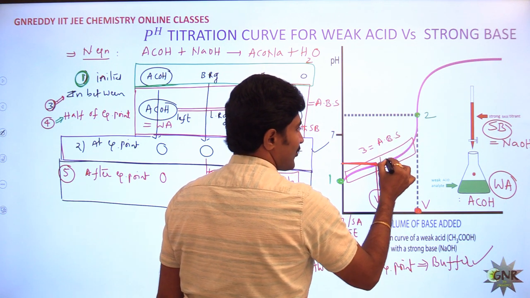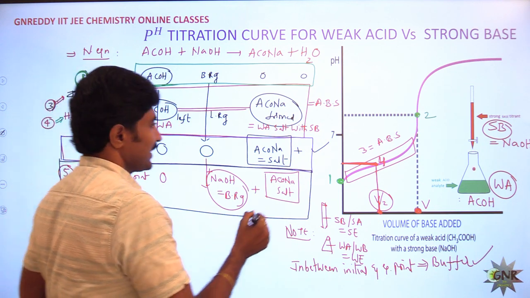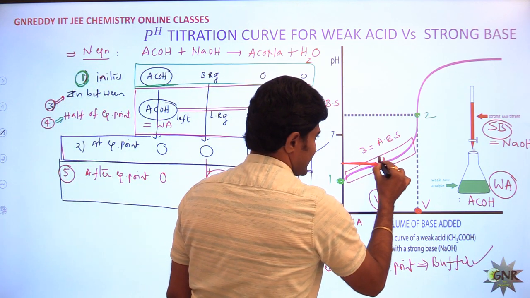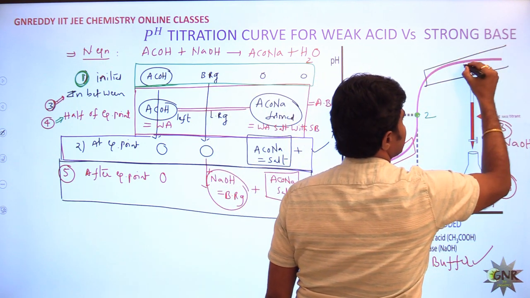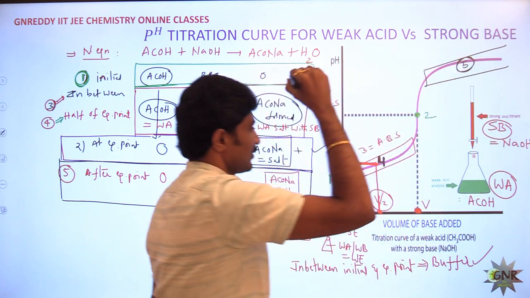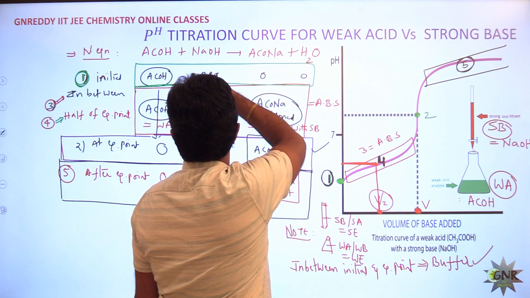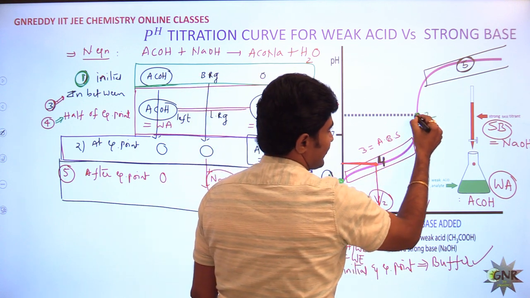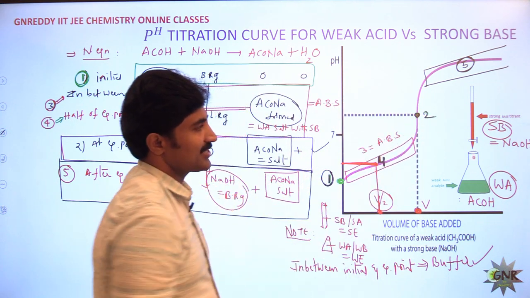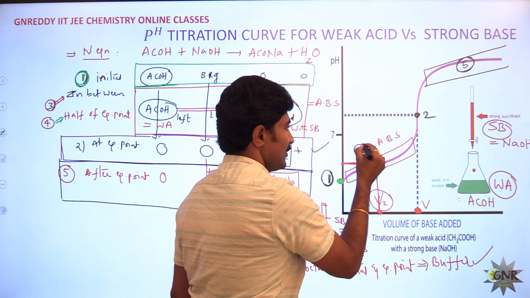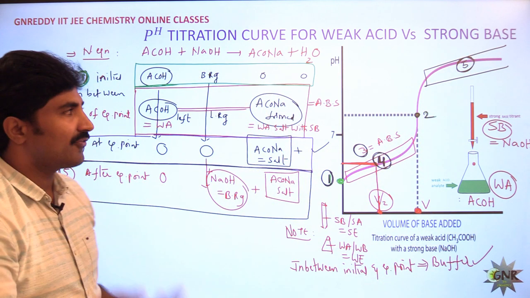The fourth point is the half equivalence point calculation, and after equivalence point, this is the fifth calculation. So totally, how many calculations are there? Initial pH, that is weak acid pH; at equivalence point, salt hydrolysis; in between initial and equivalence point, acidic buffer solution, the third calculation; the half equivalence point calculation; and the last one after equivalence point.